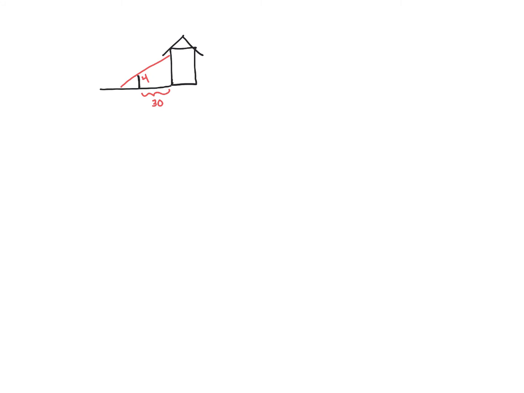So if that is the case, I'm going to call this X, and I'm going to call this length here Y. And I'm just going to draw this just a little bit bigger here so that we can make some comparisons. What we know is that this is perpendicular.